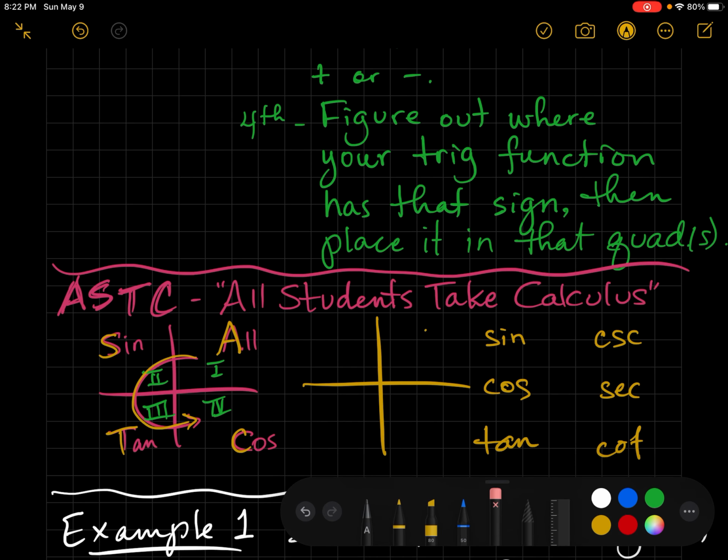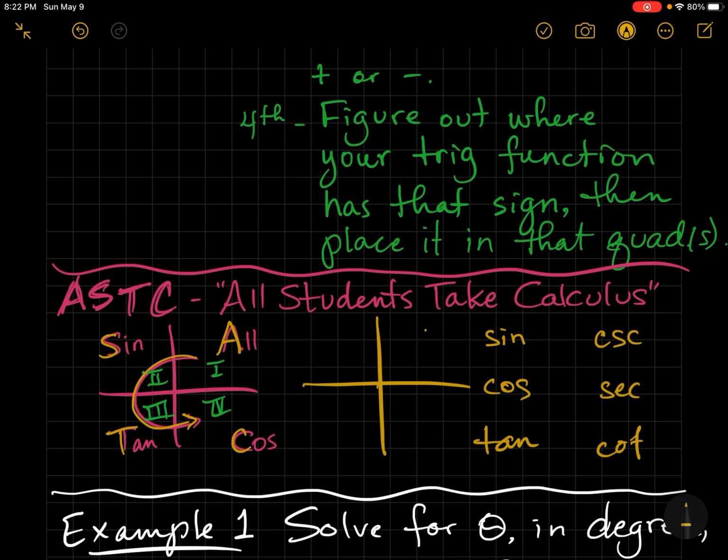So let me clear those signs. Let's say the terminal side falls here. All students take. So that's the tangent quadrant. So tangent's positive and cotangent's positive, and the other 4 are negative. But if you fall over here, this is the all. So everything's positive in the first quadrant if the terminal side falls there.